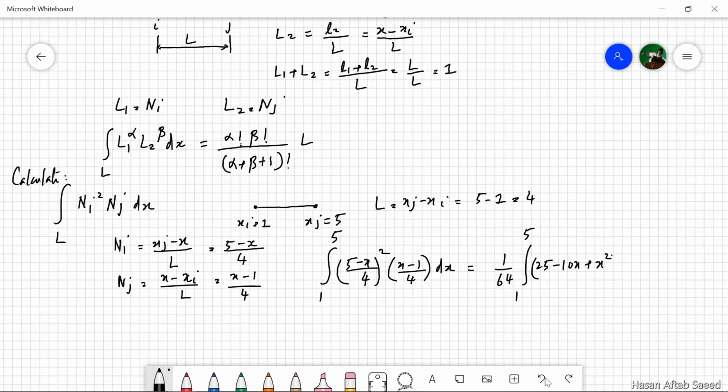This one is first, and then that x minus 1 dx, which is equal to 1 over 64, integral from 1 to 5.